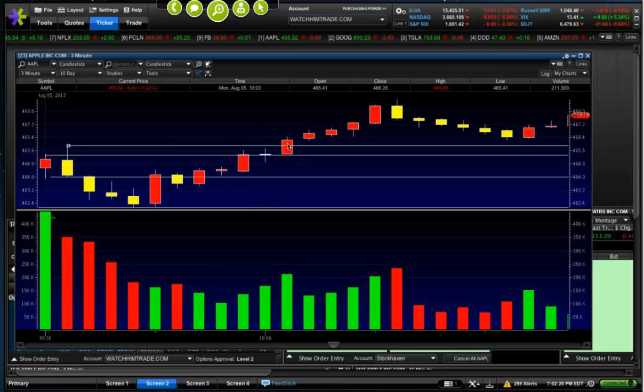Even if you waited all the way until the confirmed buy signal at 10:03, which was above the initial 6-minute high and 3-minute high, you still were able to catch a move from 466.25 up towards that 468.50 mark.